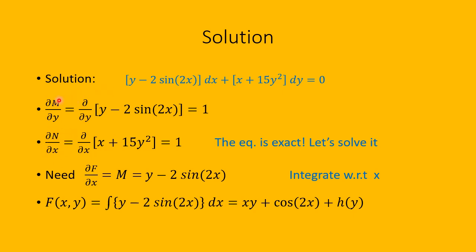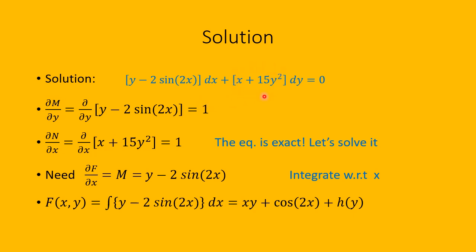So the partial of M with respect to y is the partial derivative with respect to y of y minus 2 sine 2x. The partial derivative with respect to y of y is 1. The partial derivative with respect to y of minus 2 sine 2x is 0. And so partial of M with respect to y equals 1.